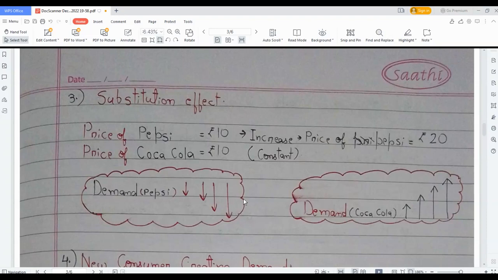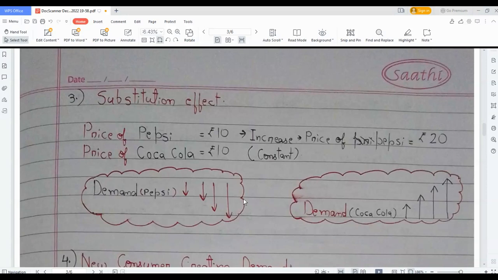Now a rational consumer will always think that he can drink either Coca-Cola or Pepsi. As the Pepsi price has doubled, a rational consumer will drink more Coca-Cola and less Pepsi. Thus, the demand for Pepsi will decrease and the demand for Coca-Cola will increase.